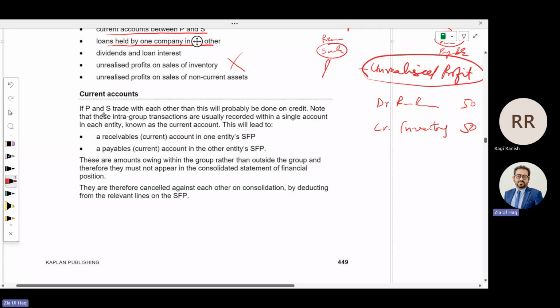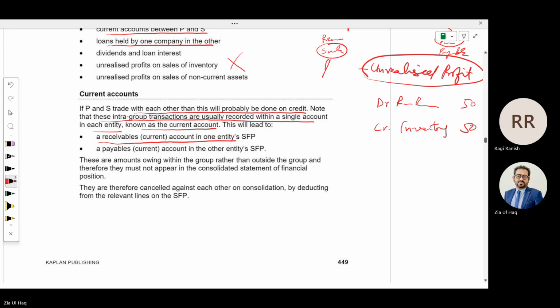Current account. If P and S traded with each other, this will probably be done on credit. Note that these intra-group transactions are usually recorded within a single account in each entity, known as the current account. This will lead to a receivable for one entity and a payable for the other entity.